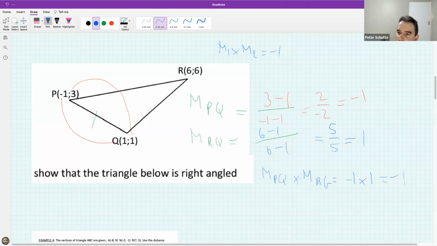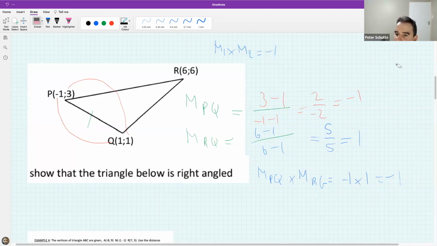Or another way of seeing this is, if I take -1 and I flip it around and I change the sign, I get +1. That's actually a bit confusing, but the thing that we're checking is if we multiply these together, do we get -1? And so we can say, therefore, angle Q is 90 degrees, and that would be the reason we would use.